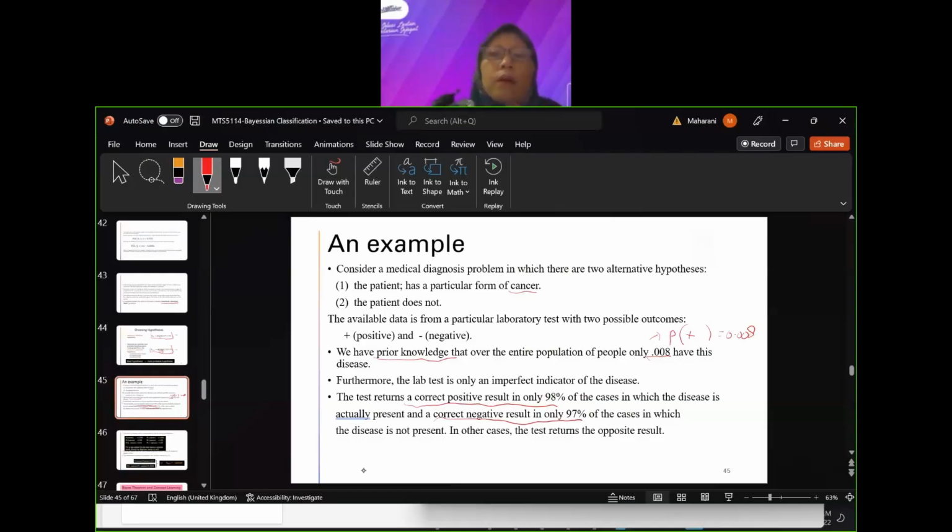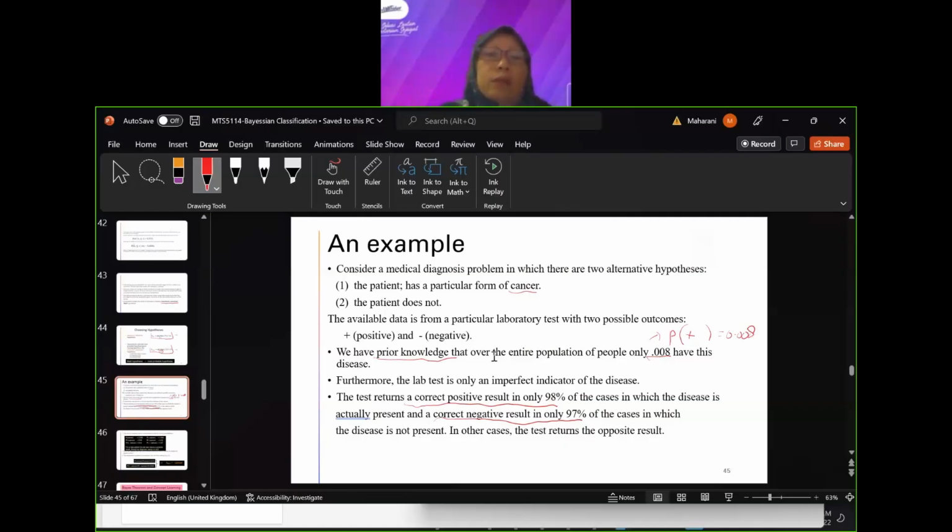So if the patient doesn't have the disease and gets the test, the correct negative result is 97%.